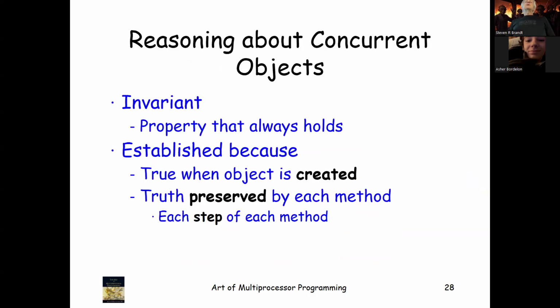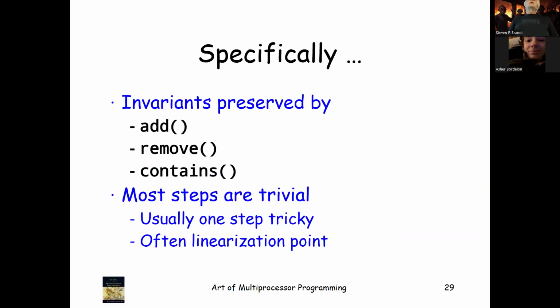When we reason about concurrent objects, we want to have things called invariants. That's a property that's always true, and it's a very useful concept to have when thinking about any kind of programming construct. The idea is it's true when the object is created, and the truth is preserved by each method and each step of each method.